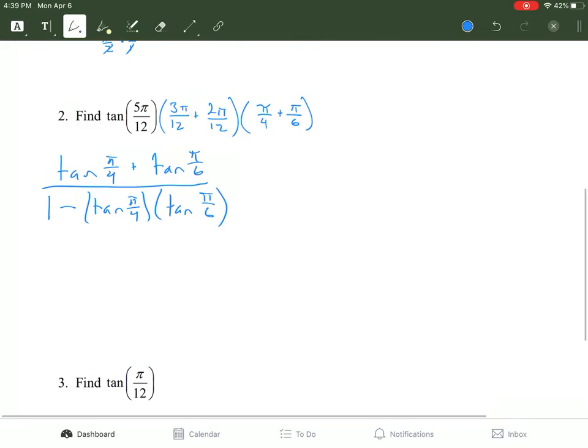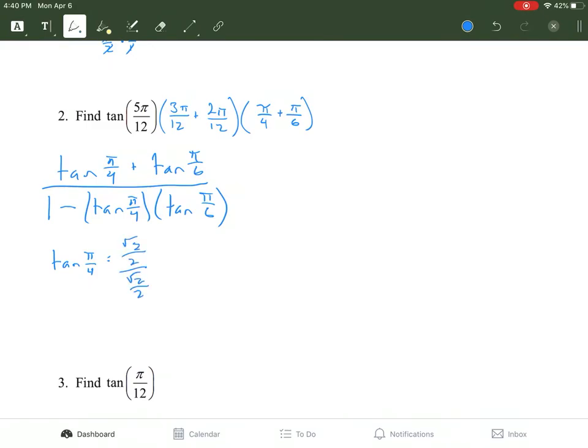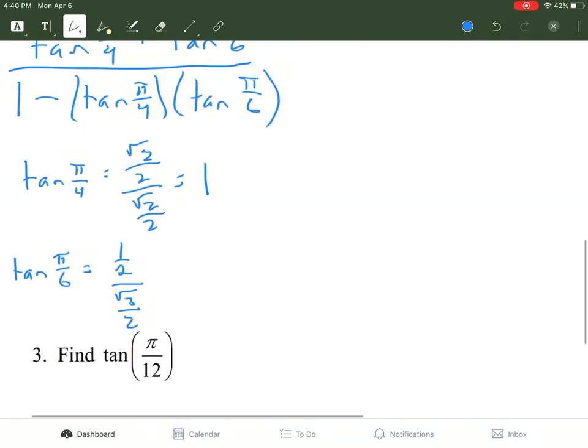Now we're going to find the tangents of these things. Tangent of pi over 4, we saw this in the last problem, is root 2 over 2 divided by root 2 over 2, and that equals 1. The tangent of pi over 6 is going to be 1/2 divided by the square root of 3 over 2. Because you have a complex fraction, you multiply by the reciprocal of the denominator's fraction, so you flip the second fraction upside down.